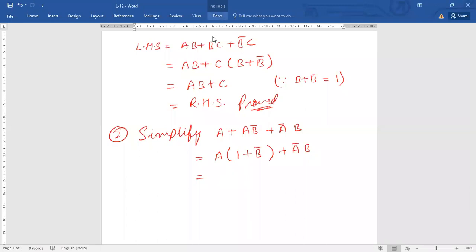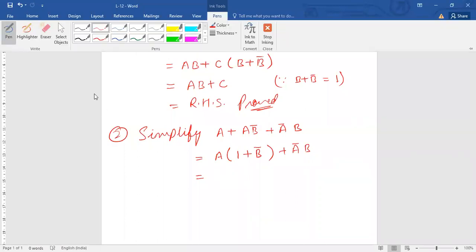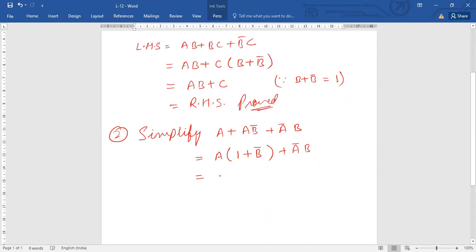So here we will have a, and 1 plus b bar, which is always equal to 1. Sir, 1 plus b is 1, right sir? Yes, Shubham. No sir, no sir. It is a bar b.